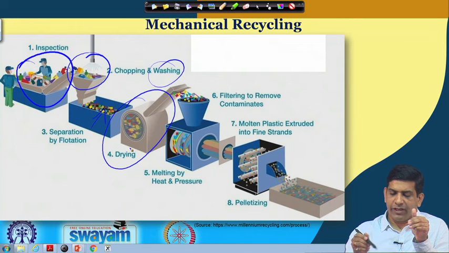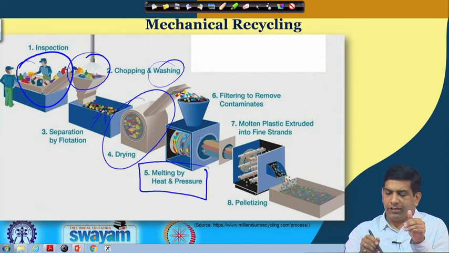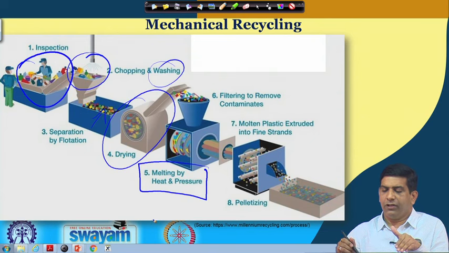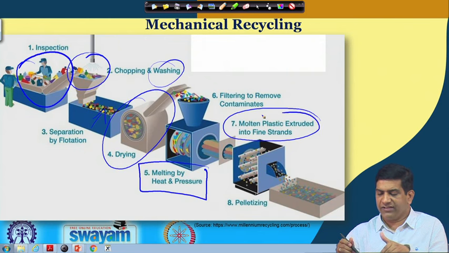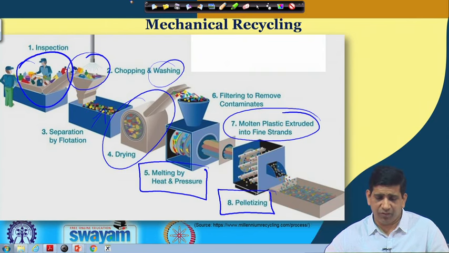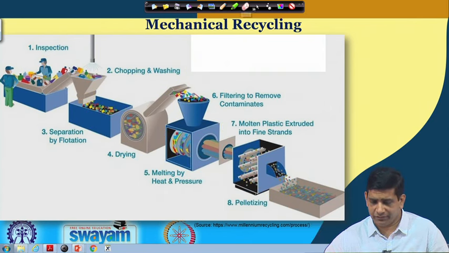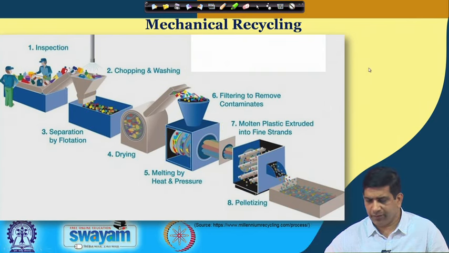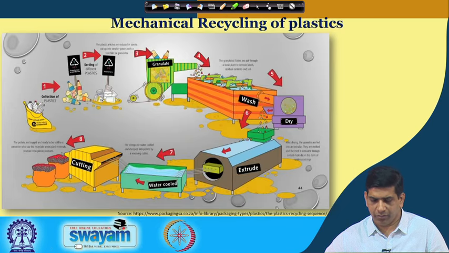After drying, you melt it by heat and pressure. After melting, you use a filter to remove contaminants, and then you extrude the molten plastic into fine strands, and finally you pelletize it. That pelletized plastic could be used for production of different materials of a similar type to the original product.